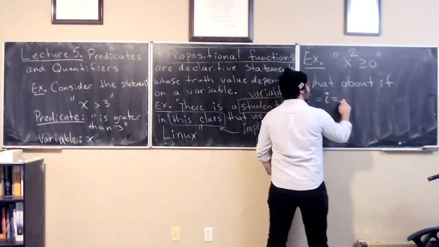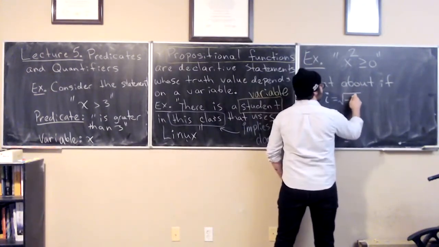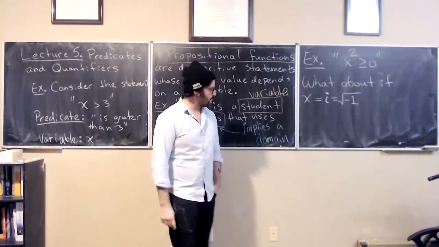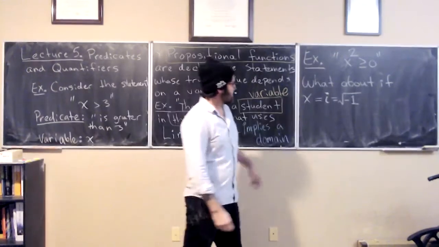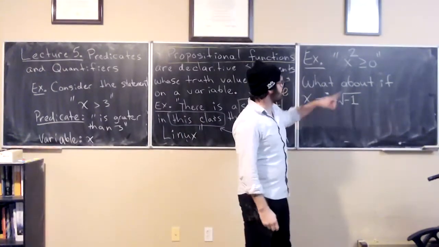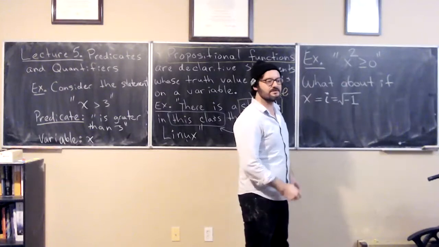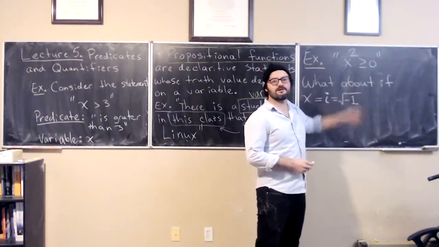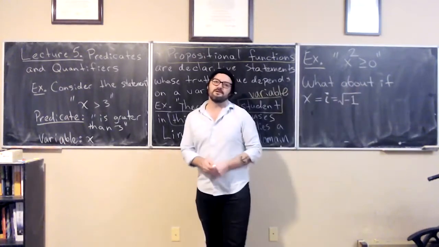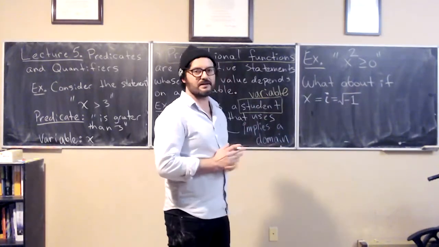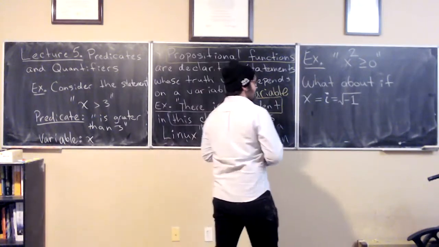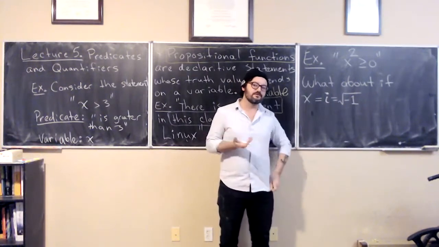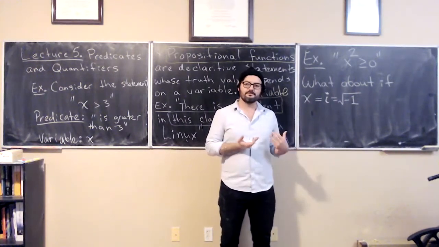So i is equal to the square root of -1. In this case, if I choose this as my value of x and I put it into that statement, what happens? That squared is just -1. Oh, -1 is not greater than or equal to 0. It would be false in that case. So understanding that there's a domain of interest is pretty important for these types of things.